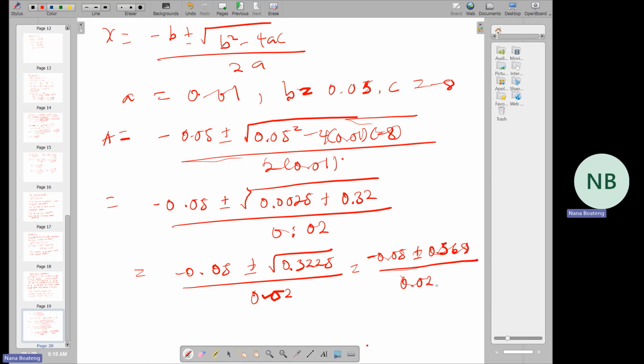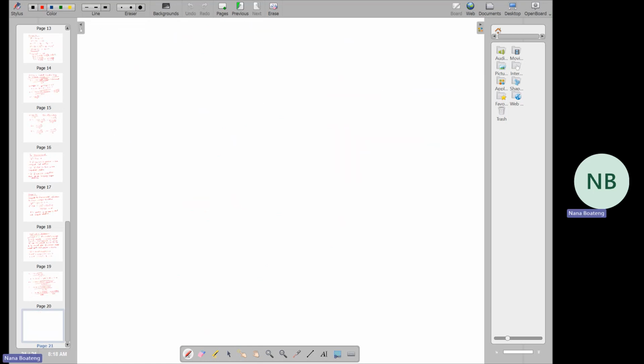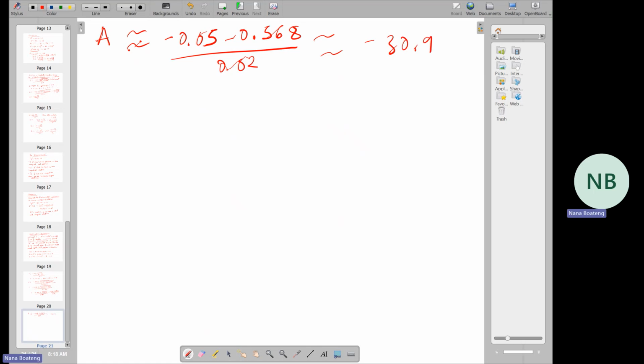Okay, and from here we have a is approximately equal to negative 0.05 minus 0.568 divided by 0.02, which is approximately equal to negative 30.9, and a is approximately equal to negative 0.05 plus 0.568 divided by 0.02, and this is approximately equal to 25.9.